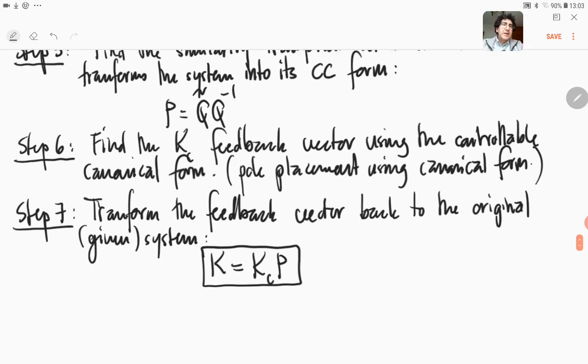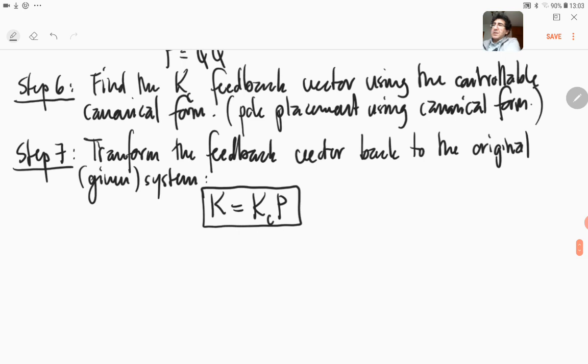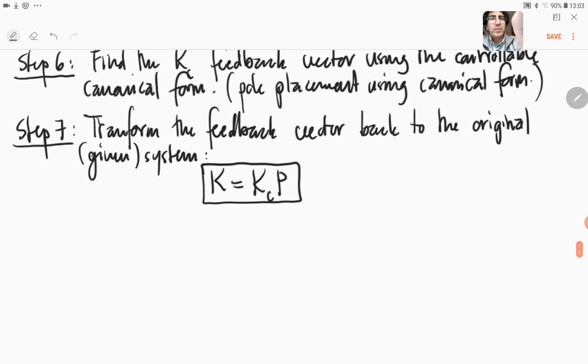Okay, now let me cover an example to show all of these steps for you.